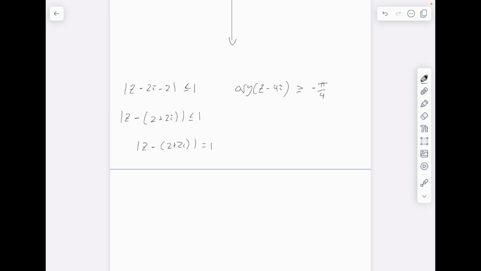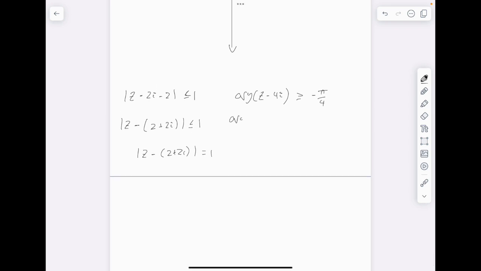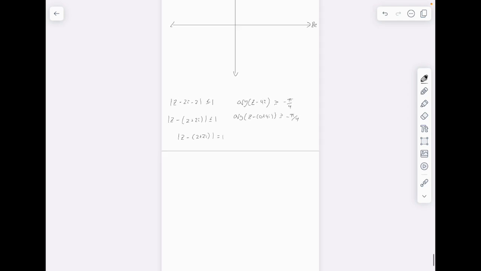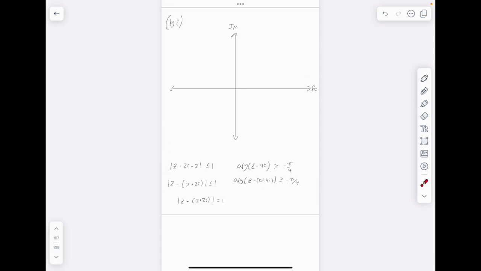Right. So again, it's like that. Okay. But since it's negative pi over 4, it's going to be making an angle like this. Okay, so it's going to be at 4i, but it's going to be making an angle like that.